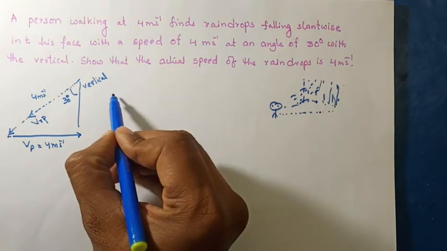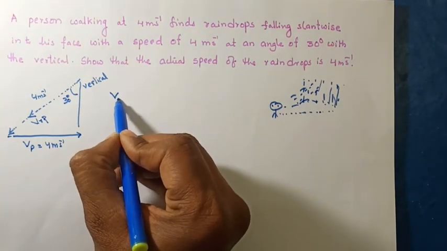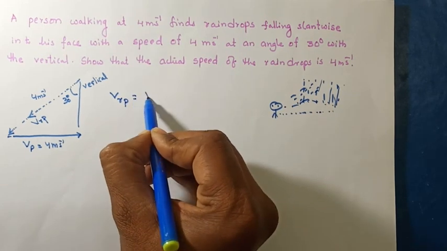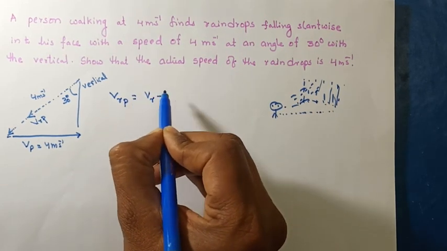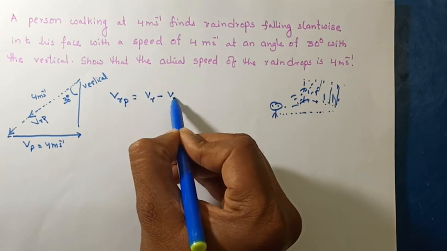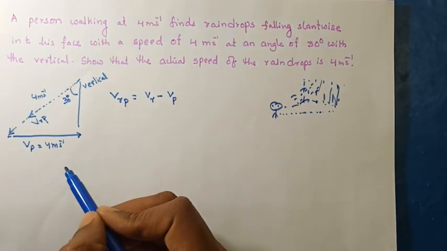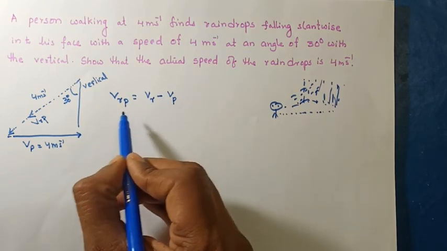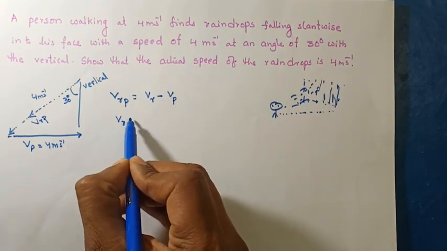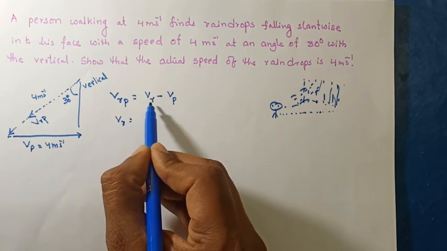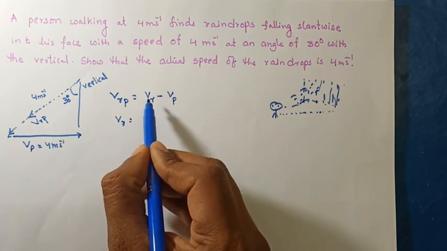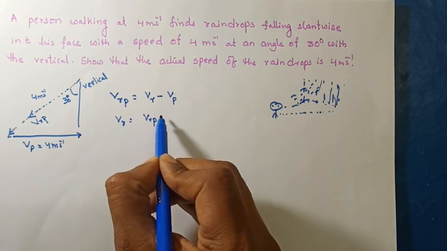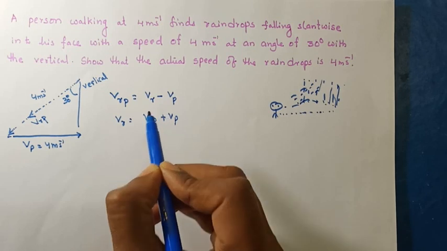Now write the relative velocity concept. Velocity of the rain with respect to person is equal to velocity of the rain minus velocity of the person, right? Now we want to calculate velocity of the rain. Vr is equal to Vrp plus Vp.